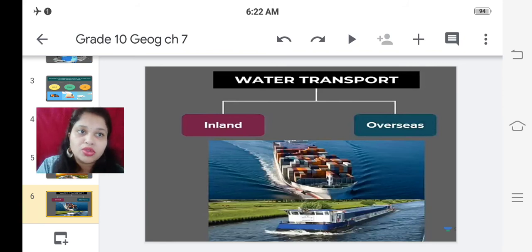And of course, overseas waterways is exactly opposite to inland waterways. From one country to another country, if I need to transport my goods, my products from Tamil Nadu to Australia, I'll take the international waters. So it is called overseas water transport, right?